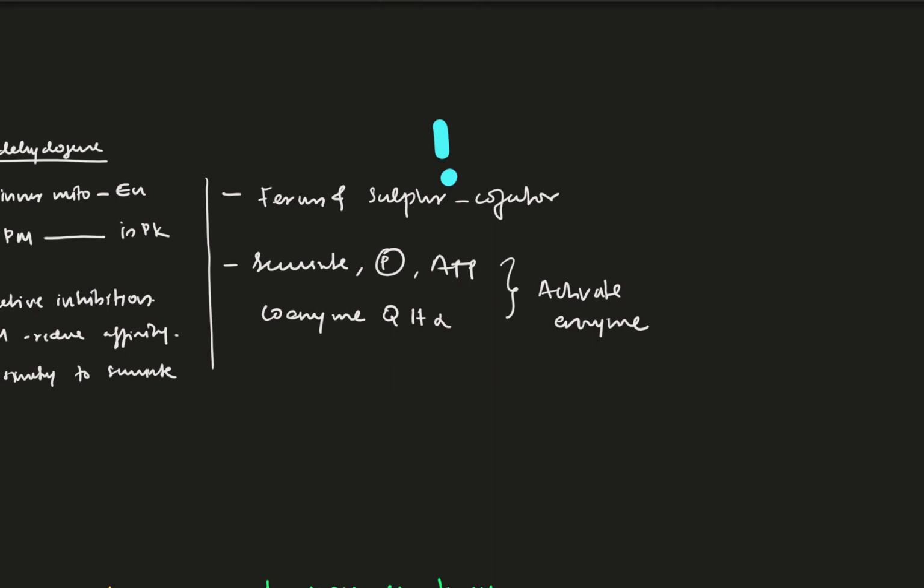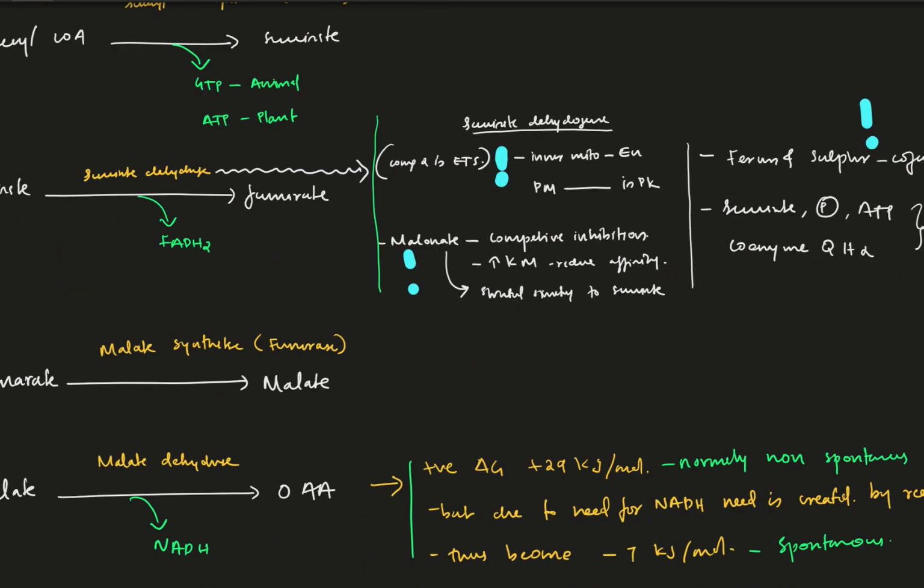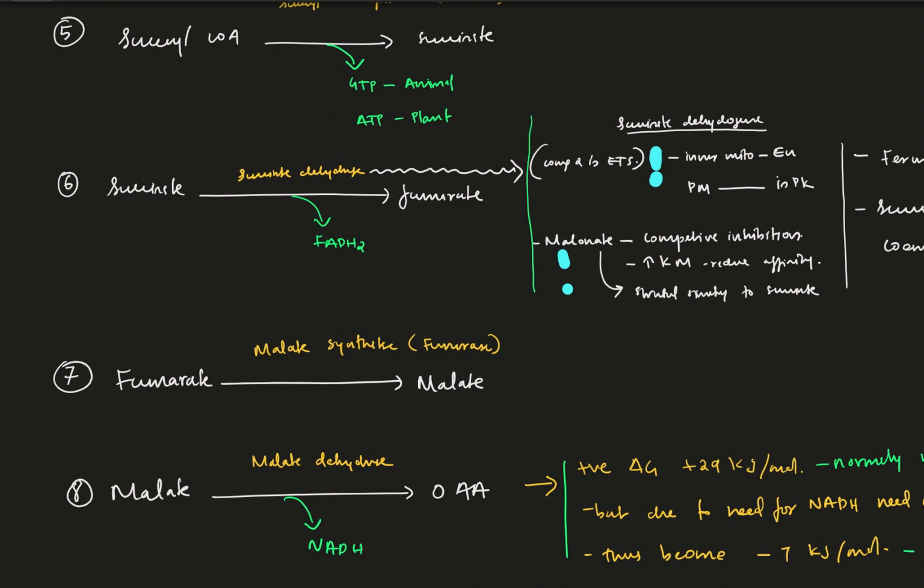Then succinate, phosphate, ATP, and coenzyme QH2 all activate this enzyme. Succinate is the substrate, and ATP and phosphate act as activators of this enzyme.